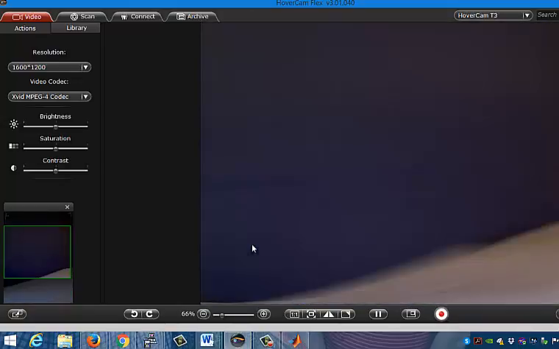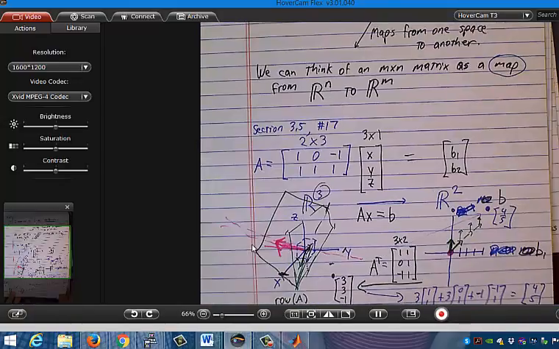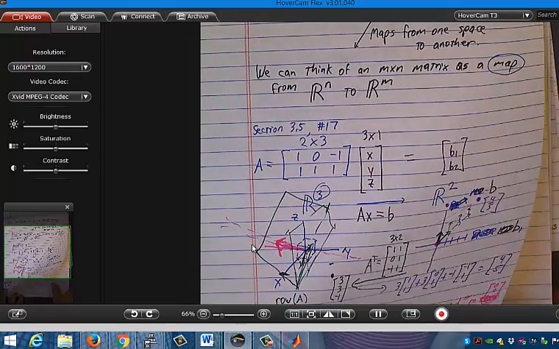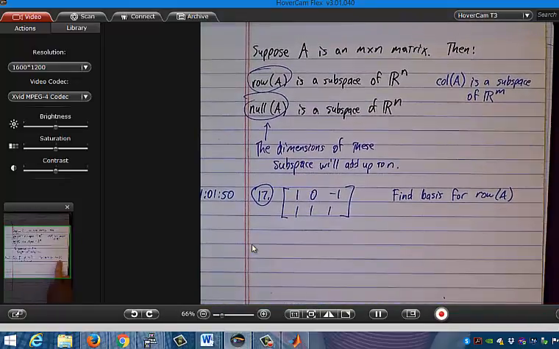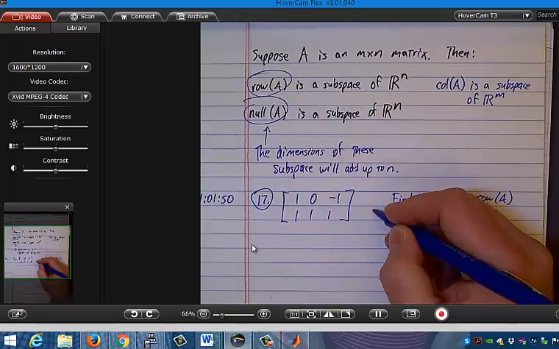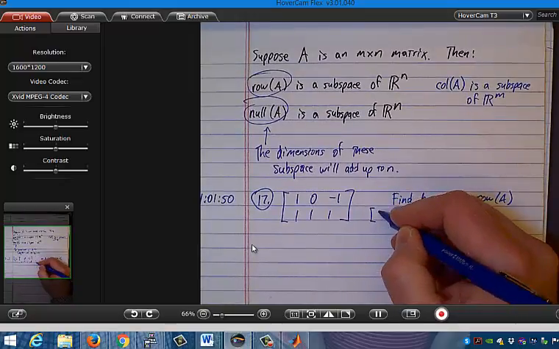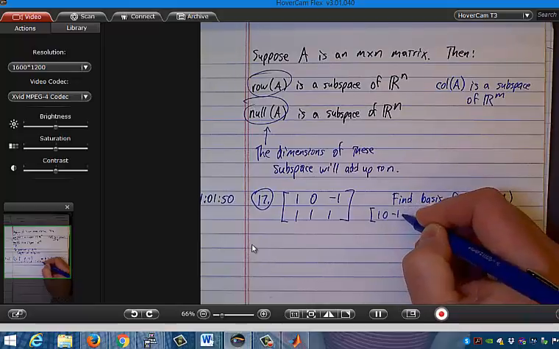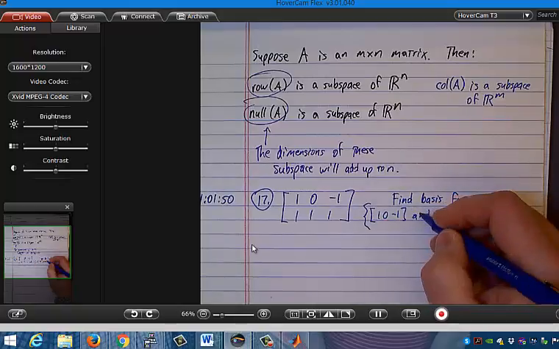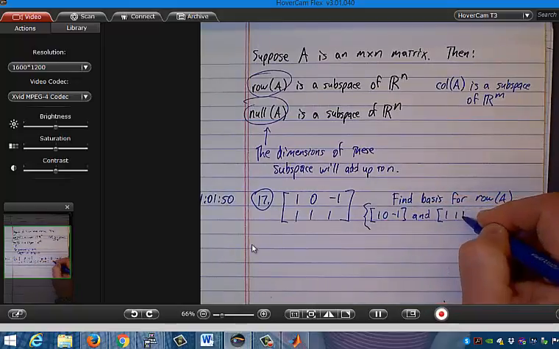So the row space, again, is this plane that goes through 1, 1, 1. Let me give you two possible answers. Find a basis for the row space. One answer would be 1, 0, negative 1, and 1, 1, 1.